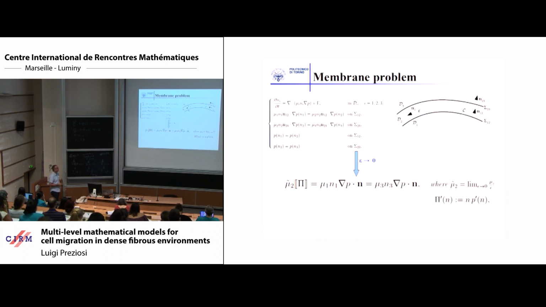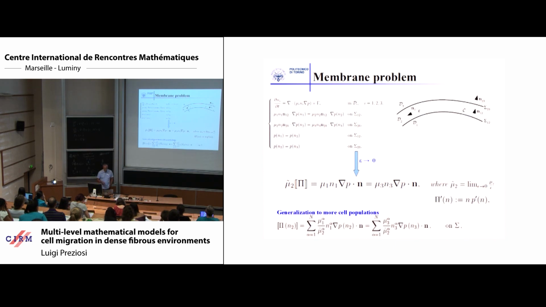But this is equal to some quantity with a strange parameter, the derivative of P, which is n P prime. So it's a strange term, but it can be understood.